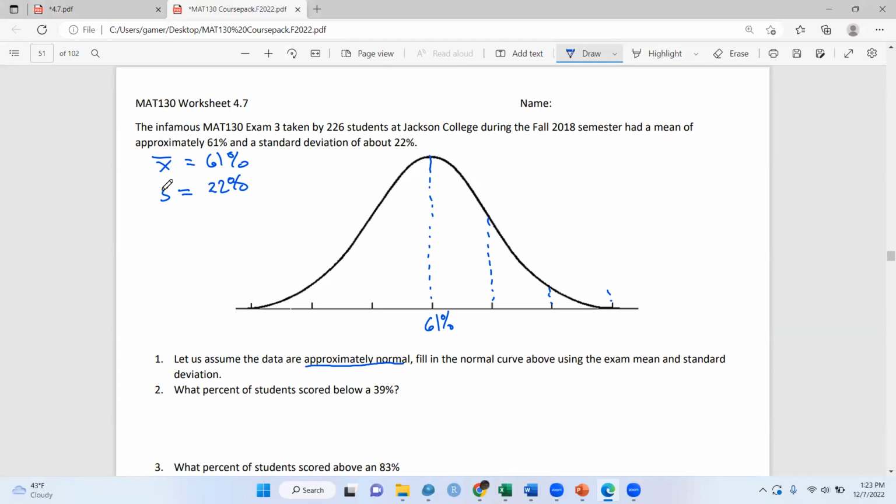No worries. Let me remind you from 4-6. Sigma is the population standard deviation. That's an answer in the project, by the way. And S is the sample standard deviation. So for us, the S in this problem is 22%.